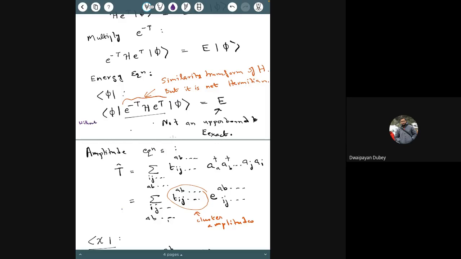Without truncating T, e to the power minus T H e to the power T has the same energy spectrum as H. So this is what makes it acceptable, even though it is not a Hermitian operator.